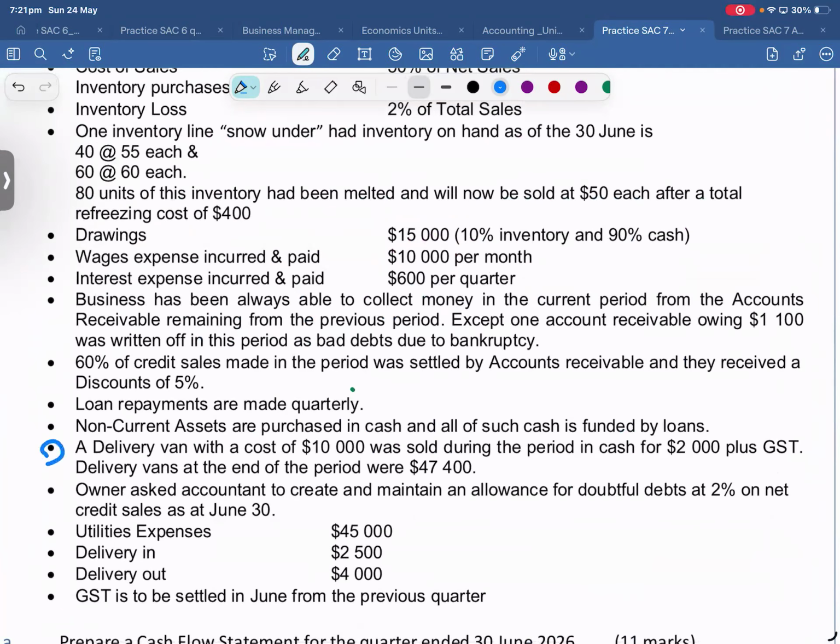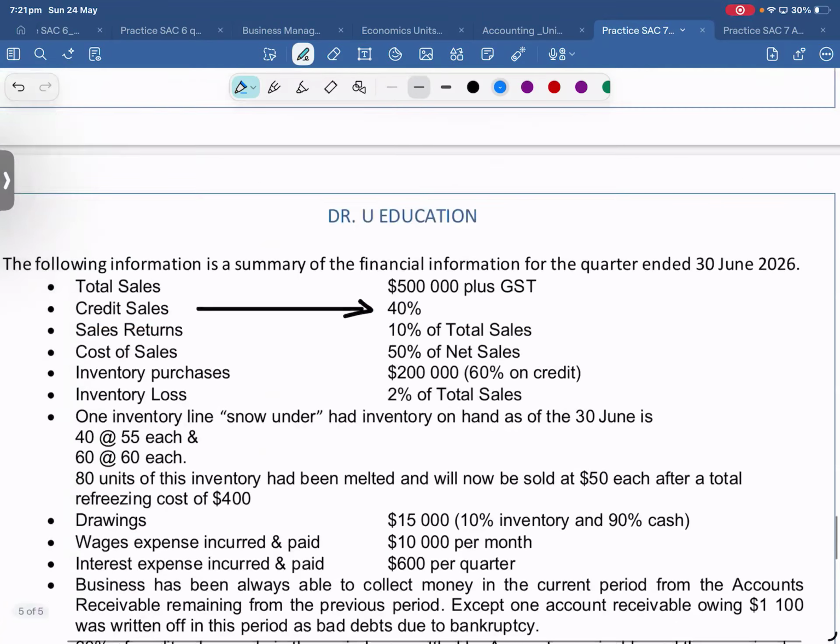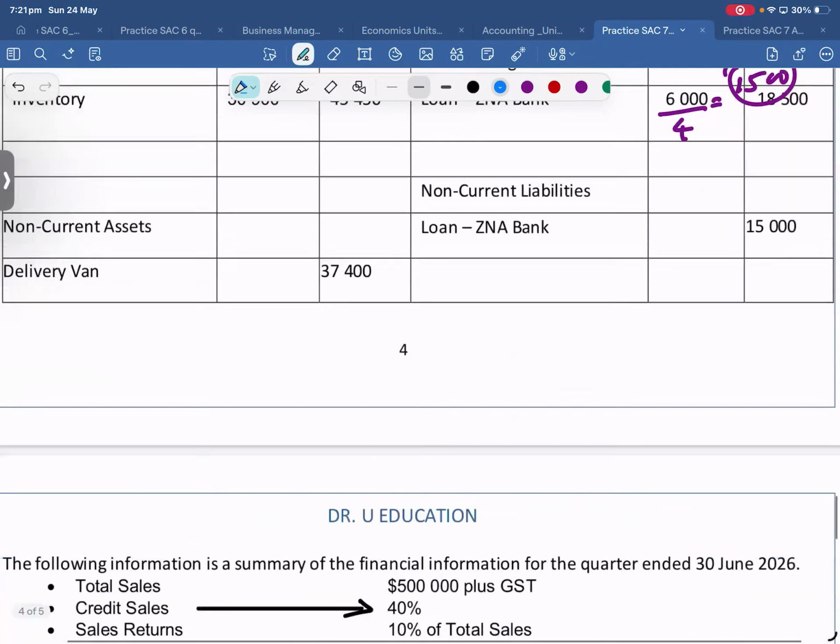Next one. A delivery van with the cost of 10,000 was sold during the period in cash for 2,000 plus GST. So what do we do with that? 2,000 plus GST? Sale of van, which is in the investing section.